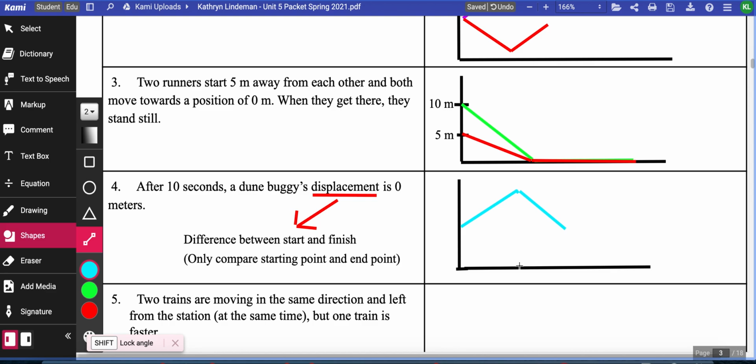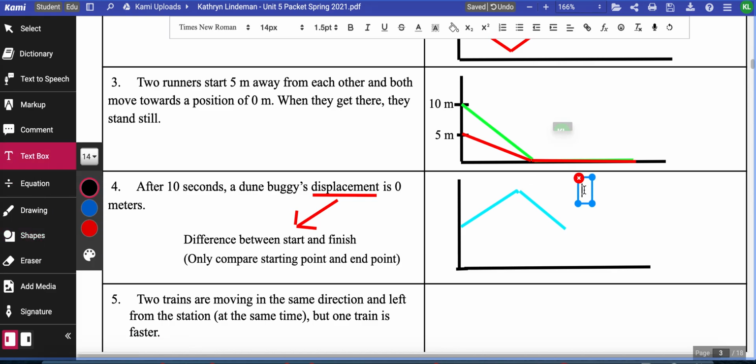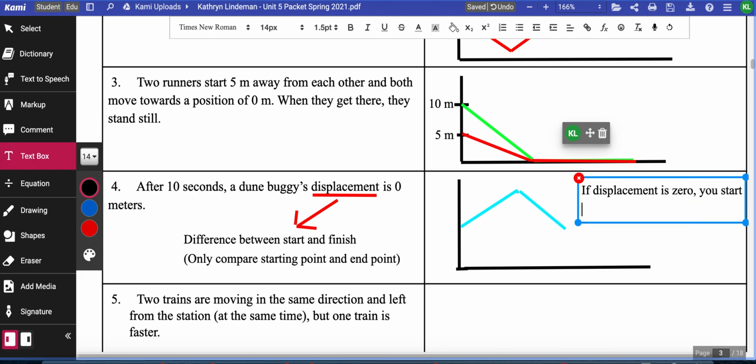Okay? And I'm just going to make a little note of that. If displacement is 0, you start and end at the same location.